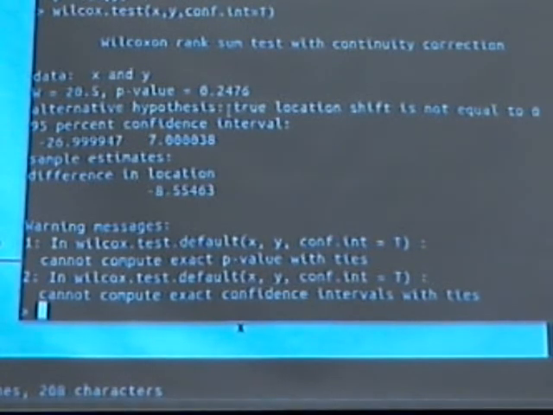Okay, so then, again, the next thing we're talking about in this class is serial regression, at least as a background.